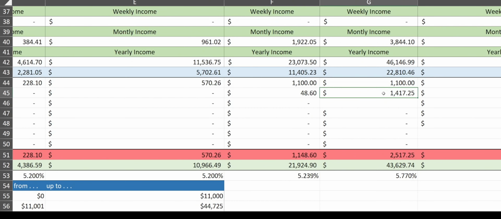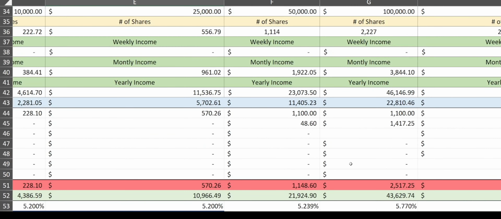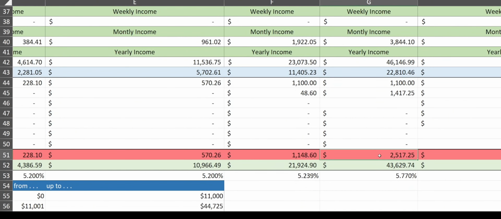Anything outside of that $1,100 that falls up to $44,000, we pay a 12% tax rate. So that total is going to be $1,417.25. The total tax for that distribution is going to be $2,517.25. After you pull that out of your yearly income, your take home is $43,629.74, and that tax rate is about 5.77%.